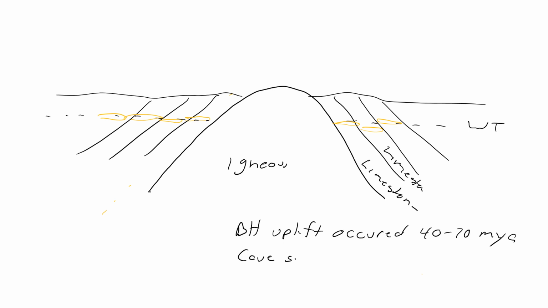Cave systems there are parallel to the present day water table. And it suggests that these caves are pretty recent, since the caves cut across these rock units rather than be confined to a single one. So these are ways of forming secondary porosity.